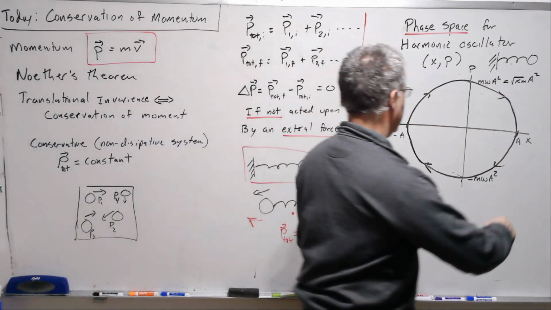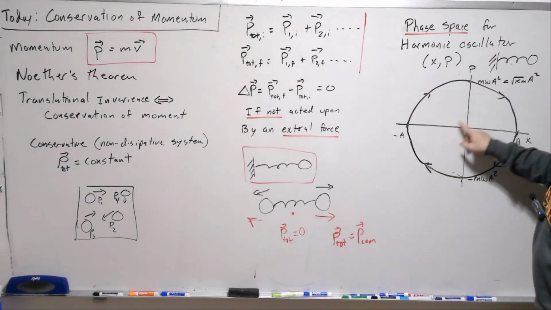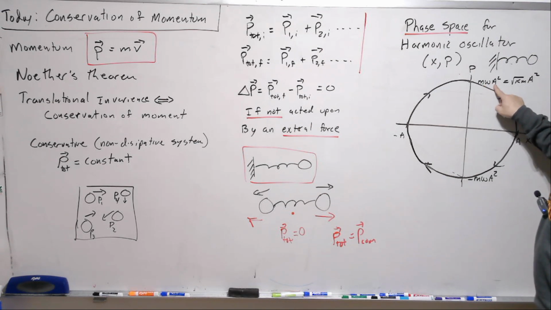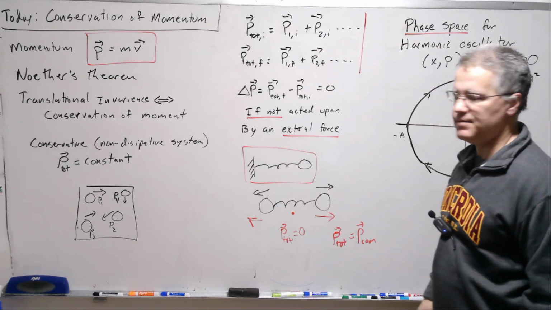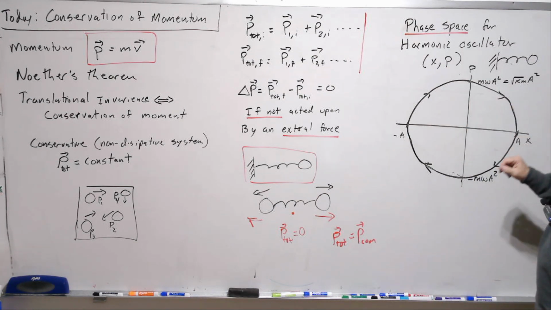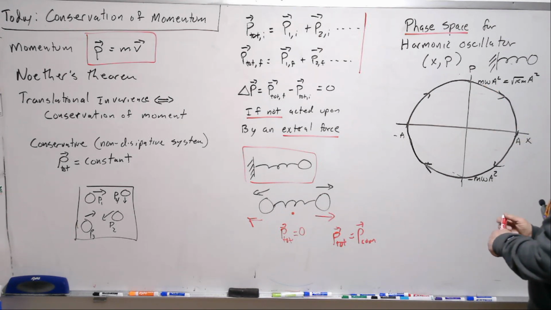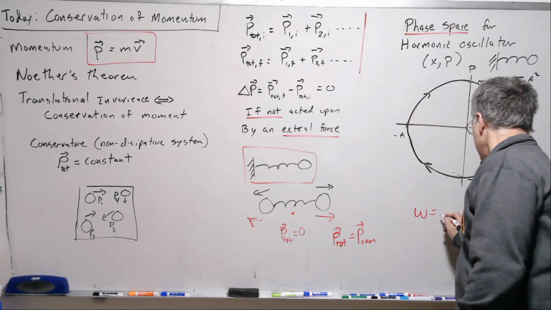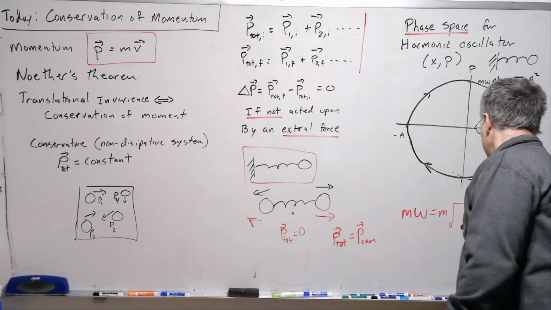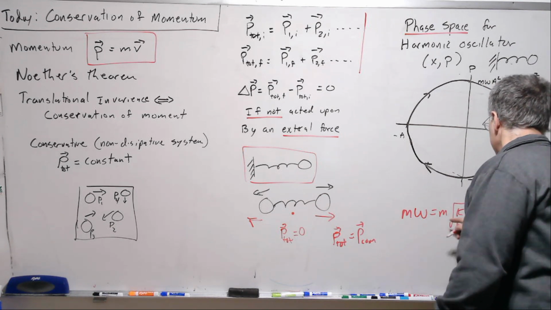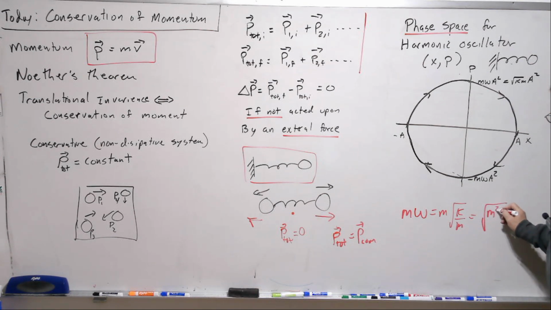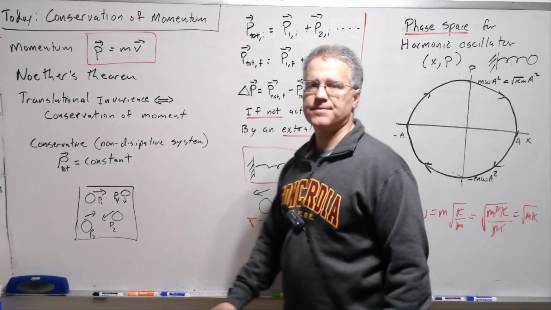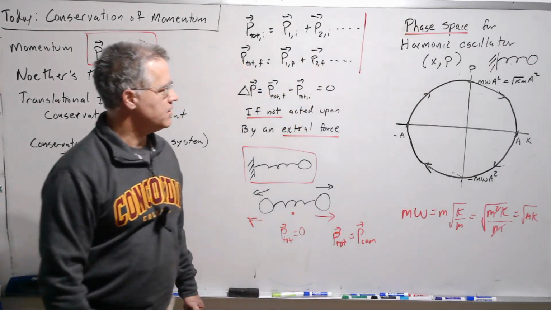So the position will still be the same, A, and then the momentum amplitude will be m omega A. If we write out what omega is, then m omega is m times the square root of k over m, so I can pull in the m, get the square root of m k, and cancel out my mass and write it that way as well.